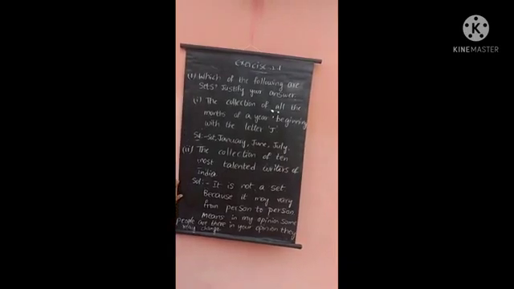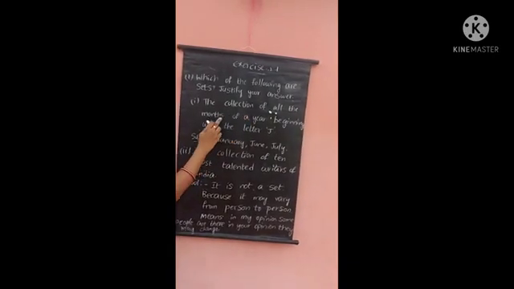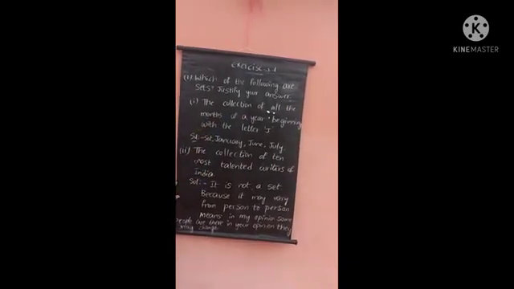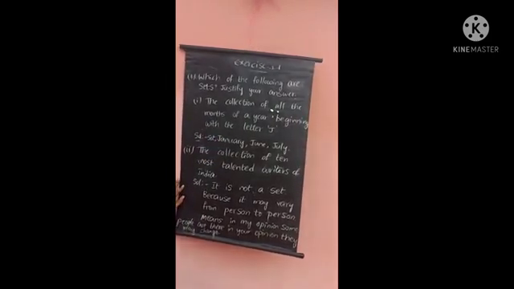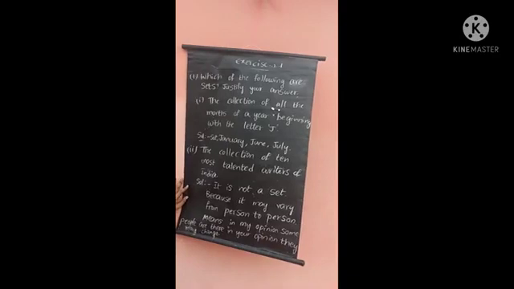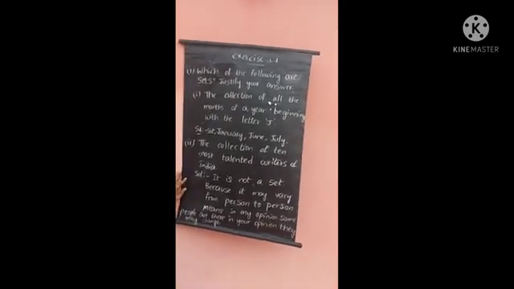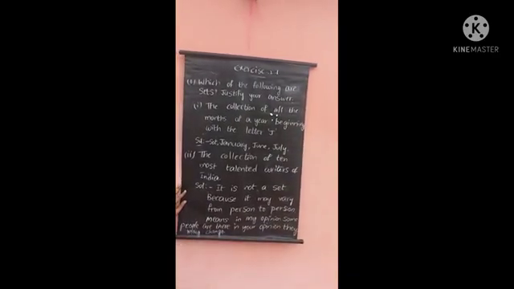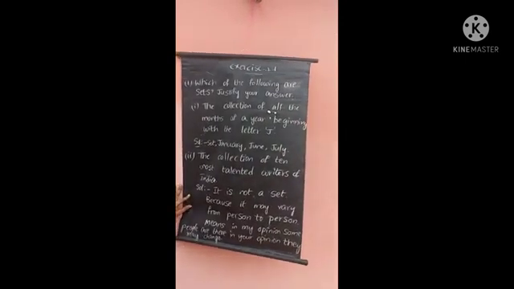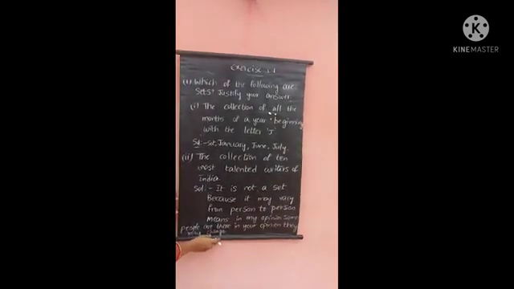See the first one, the collection of all the months of a year beginning with the letter J. What are the months in the English year? January, February, March, April, May, June, July, August, September, October, November and December.